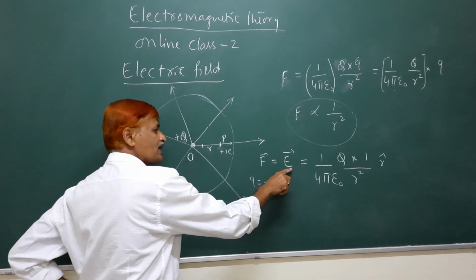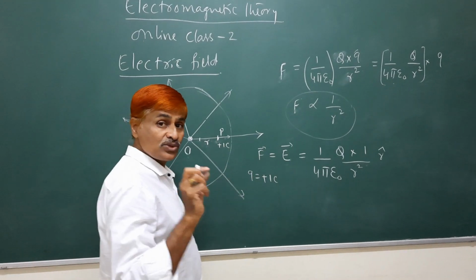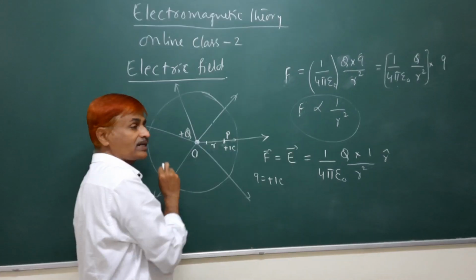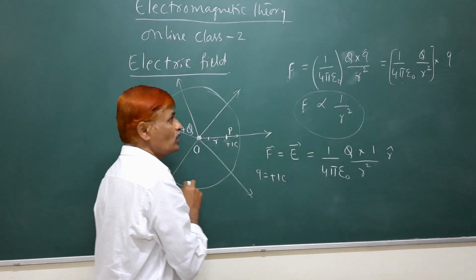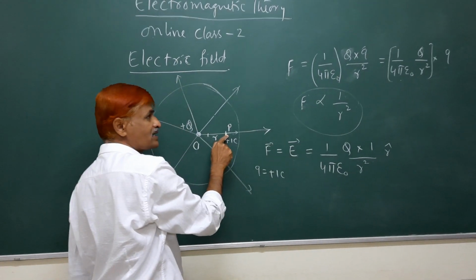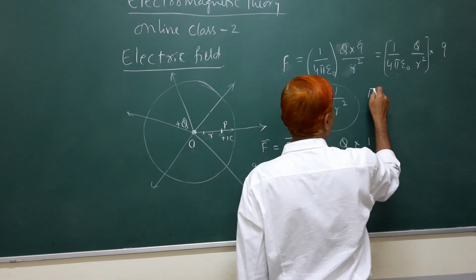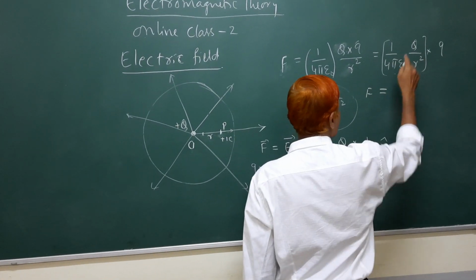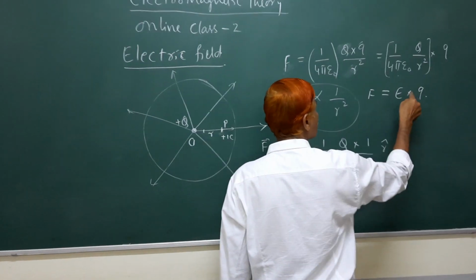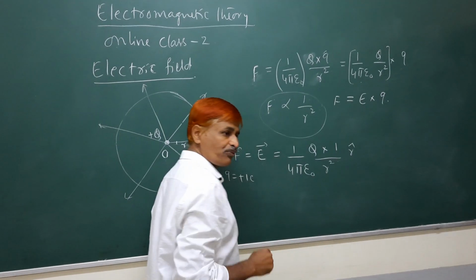This is called electric intensity at this point, and electric intensity is used to find the strength of the electric charge placed at O. Now if another charge q is placed at this point, then F is equal to E into q. This is for 1 coulomb; if you place q coulomb, then F is equal to E into q.